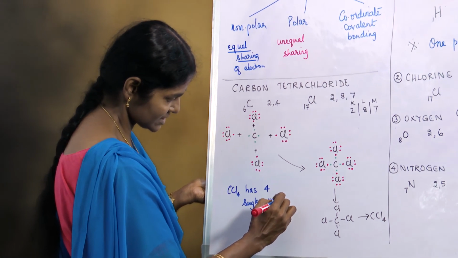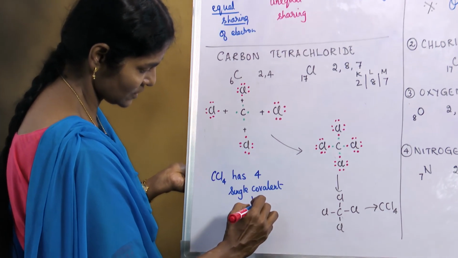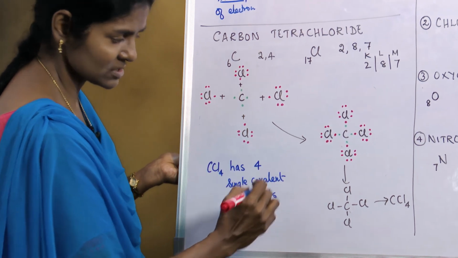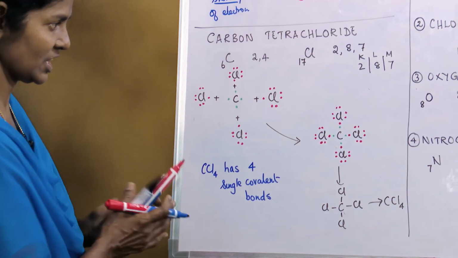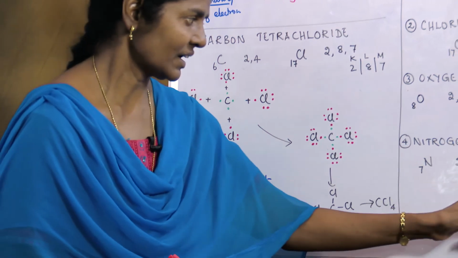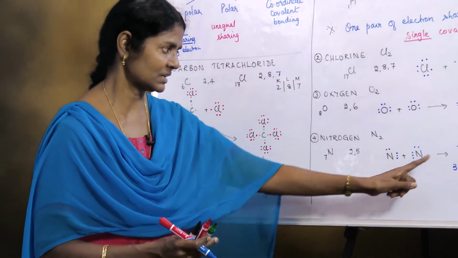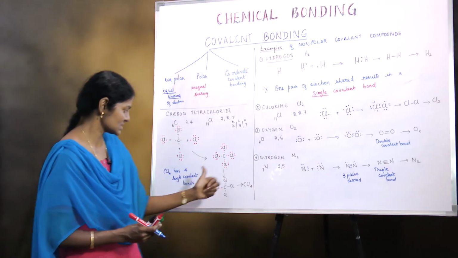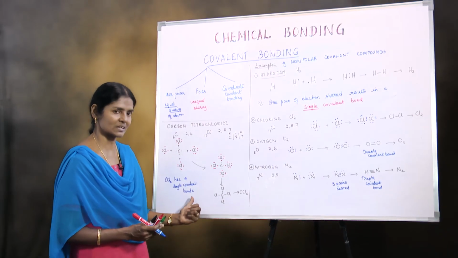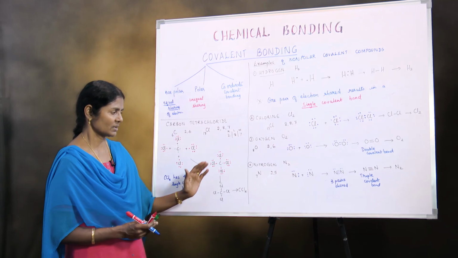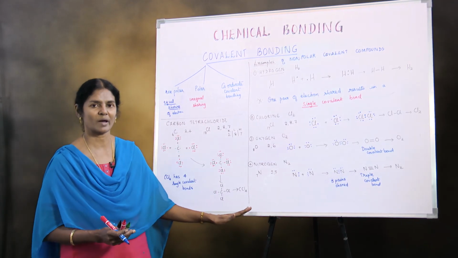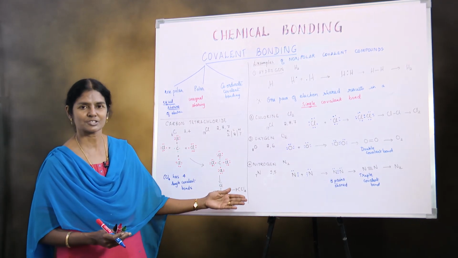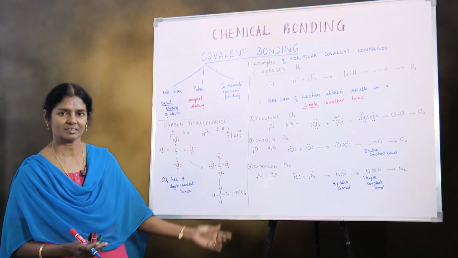There is a difference. These are all single covalent bonds because one pair is being shared, whereas the nitrogen molecule has a triple covalent bond. This is different, this is single, but there are 4 single covalent bonds. Okay, this much about the covalent bonds. We'll go into the coordinate bonding shortly.